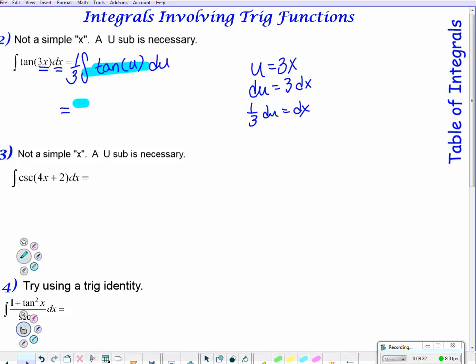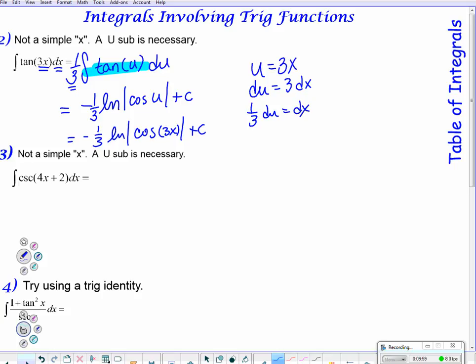It is negative natural log absolute value of cosine of u plus c. And don't forget, I had this 1/3 out front, so I'm going to squeeze that right in front there and get negative 1/3 natural log cosine of u, which is negative 1/3 natural log cosine of 3x plus c. There's our answer.